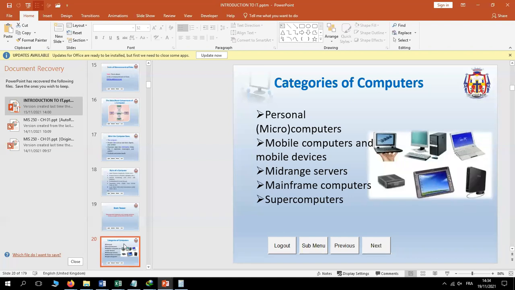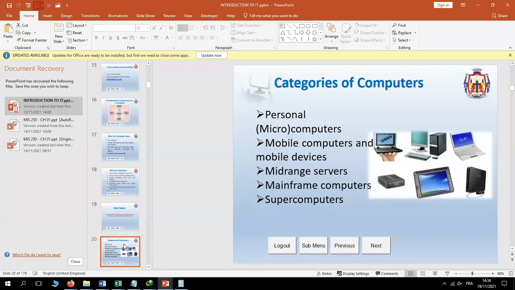So I'm going to ask you, once I mention your name, to talk about a type of personal computer that you know. Let me start with Davis Kagezi. Davis, can you mention just one type of personal computer you know? Davis, can you speak to us?